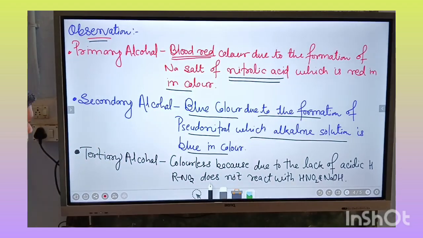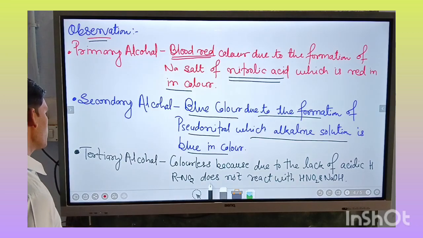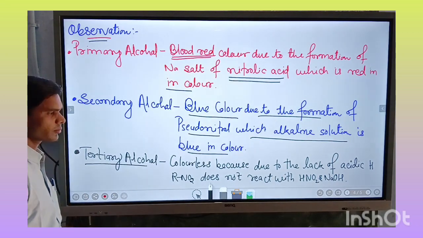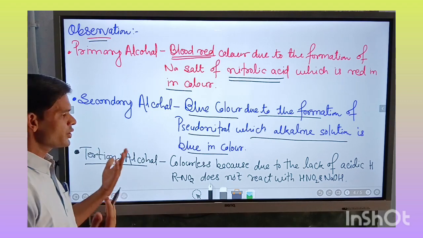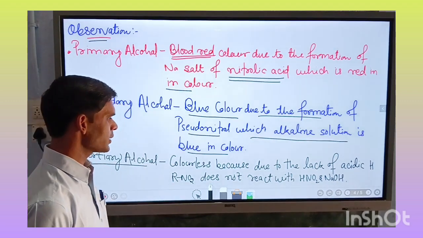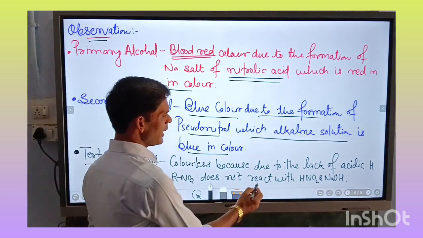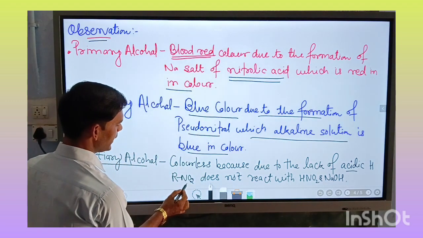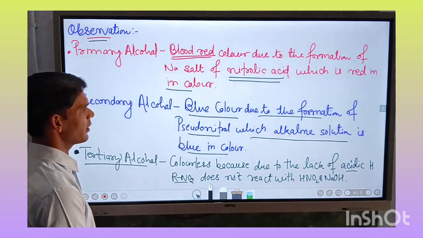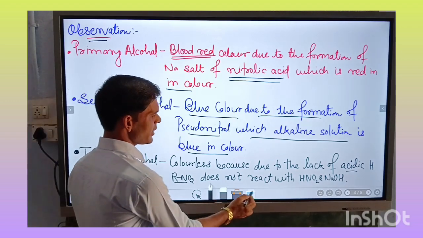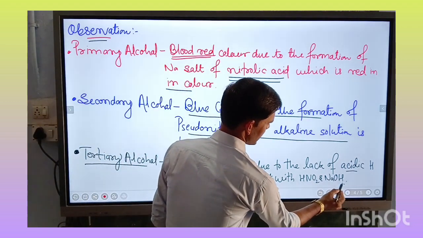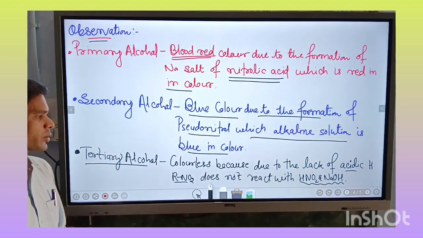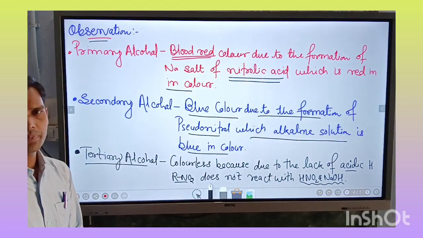On the other hand, if a tertiary alcohol is given, then there is no color change because, due to the lack of acidic hydrogen, the nitroalkane does not react with nitrous acid and sodium hydroxide solution.